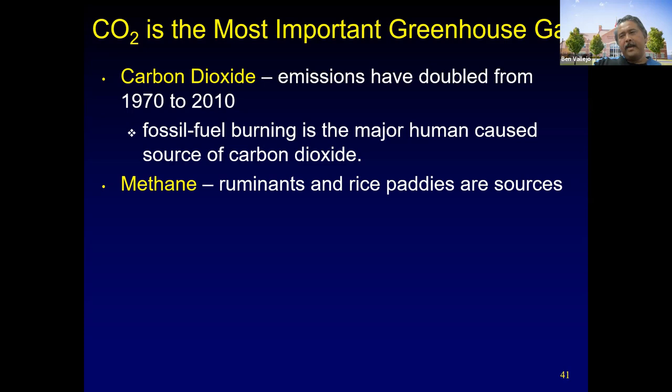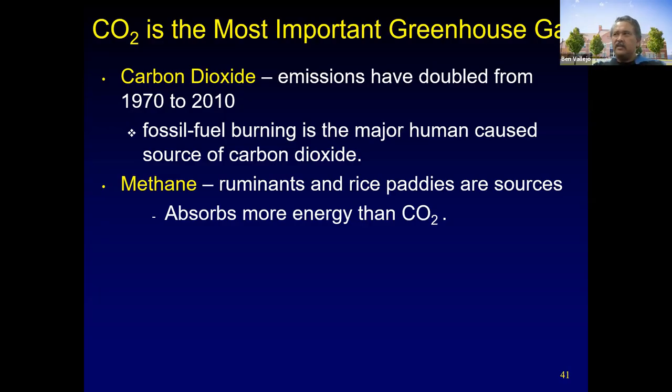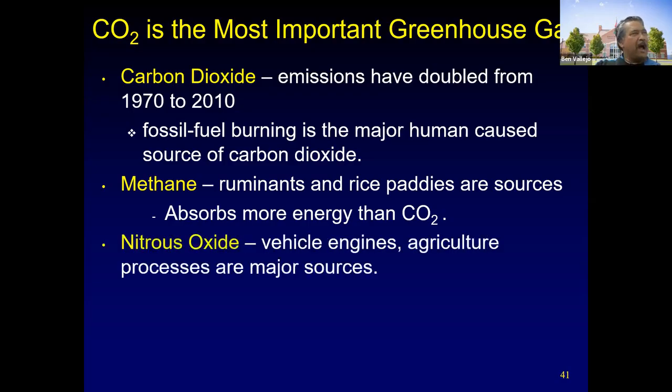The numbers may be different from what I remember, but I remember reading something that said 40% of the methane in the atmosphere is due to the flatulence of cows and livestock. Huh. Wow.